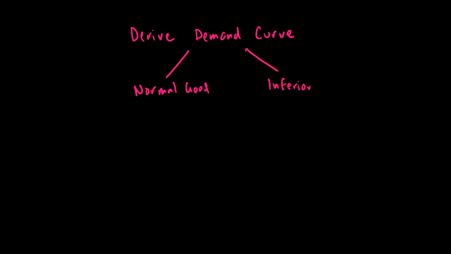And within inferior goods, we will look at inferior goods which are Giffen and those which are non-Giffen. I will explain Giffen and non-Giffen in a later part of our discussion, but we are now about to use this theory to look at how demand curves can be derived. Let's start with our normal goods.